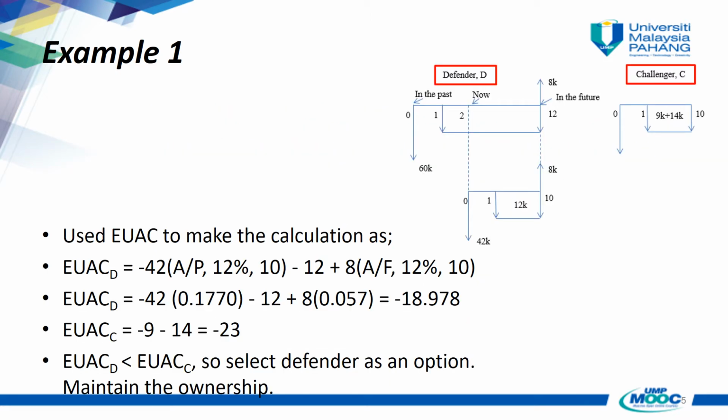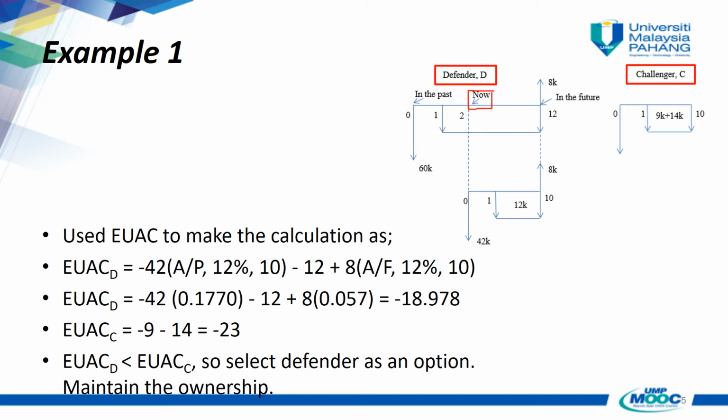After we have our cash flow diagram, what we need to do now is to use EUAC, equivalent uniform annual cost, to make the calculation. We have our case here at year 2.